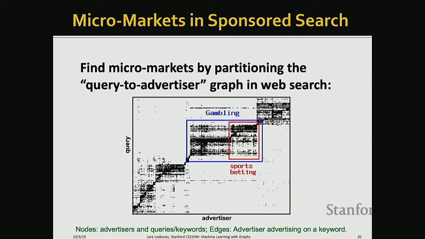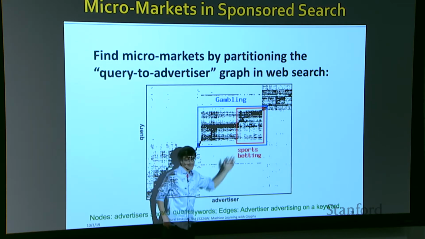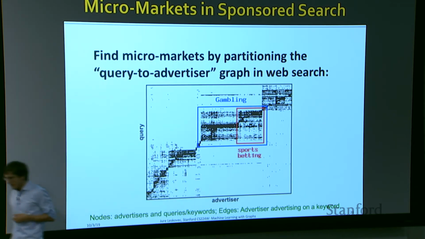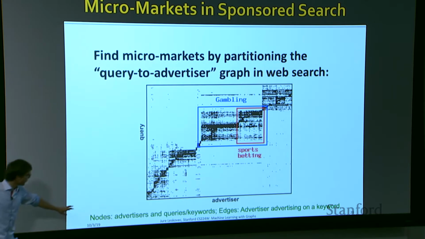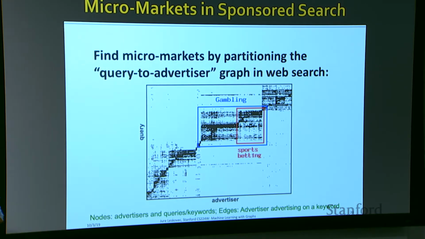You can think of this as a bipartite graph, and you can think of identifying tightly connected clusters in this graph, which would mean finding groups of advertisers that are interested in bidding on the same queries, right? If you do that, you start identifying groups of advertisers that are interested in the same area. This, I think, was work coming out of either Google or Yahoo, okay? So that's another way you can think about it.